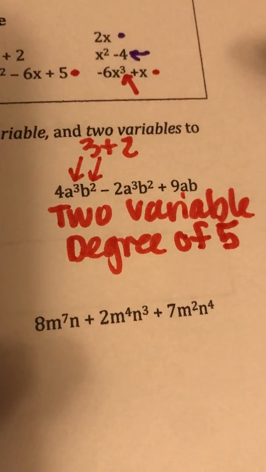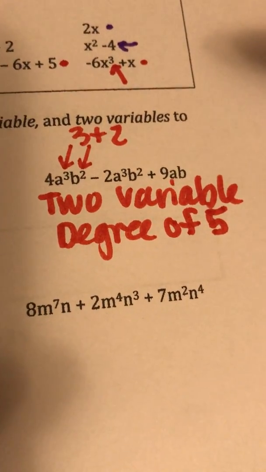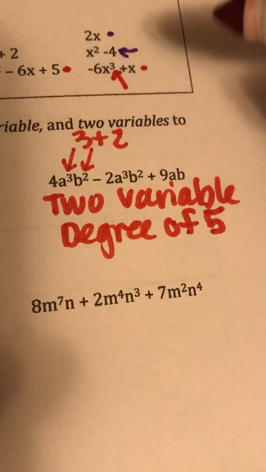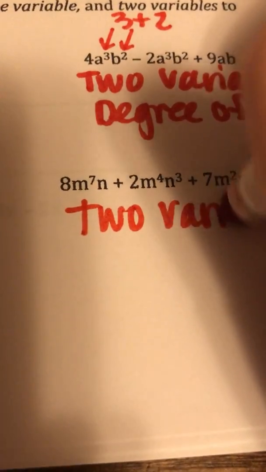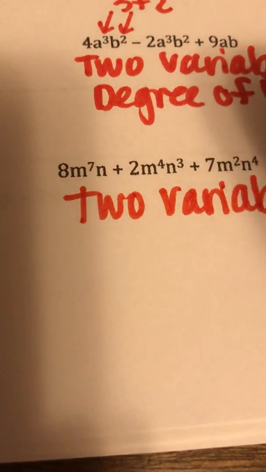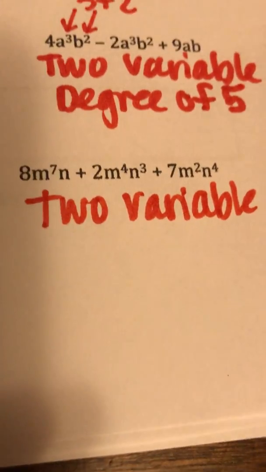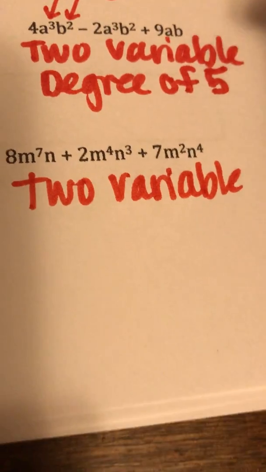It's 2 variables. All right. I think that's all we can say on this one. Okay, let's do one more. This one here. So again, I see that we have an m and an n, which means we have 2 variables. So it's a 2 variable polynomial. And let's figure out what degree it is.